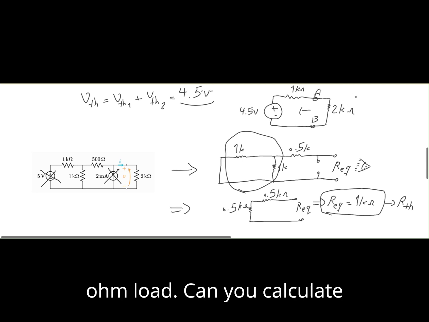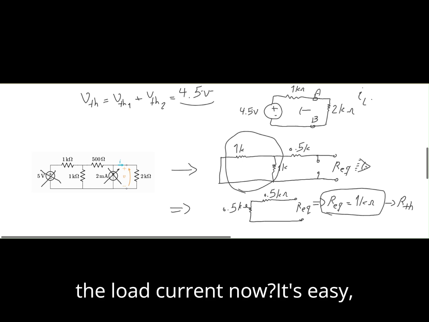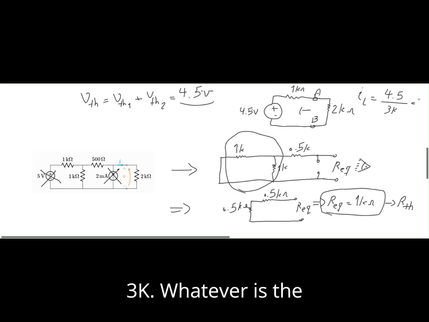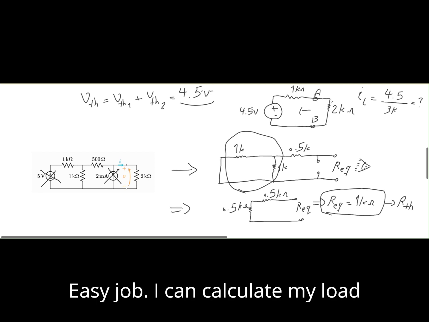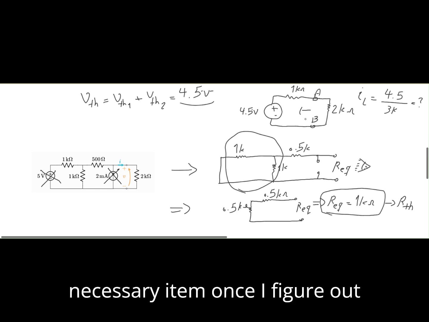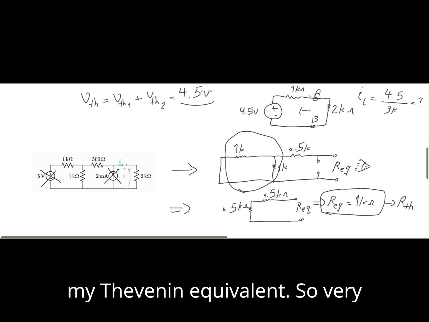Can you calculate the load current now? It's easy, yes. 4.5 divided by 3K, whatever the answer is. I can calculate all other items. Easy job. I can calculate my load voltage now. I can calculate any necessary item once I figure out my Thevenin equivalent.